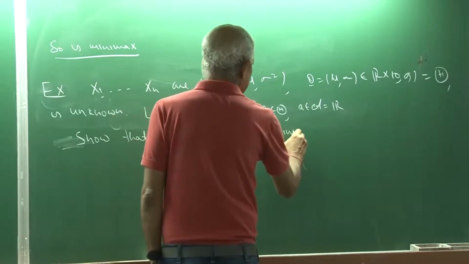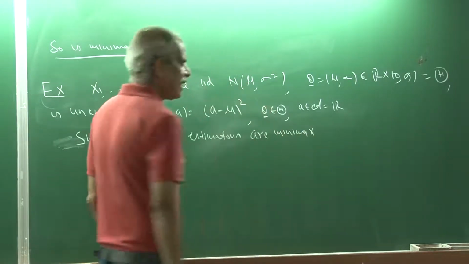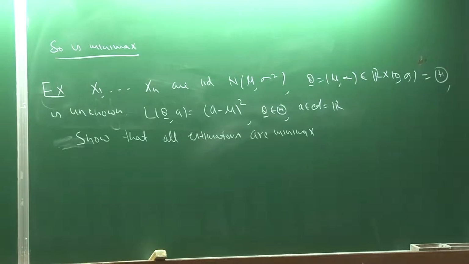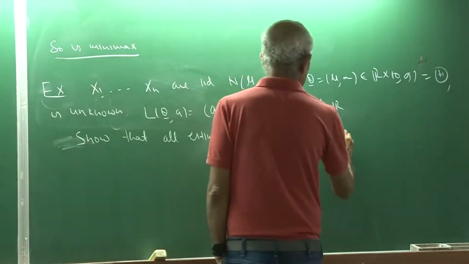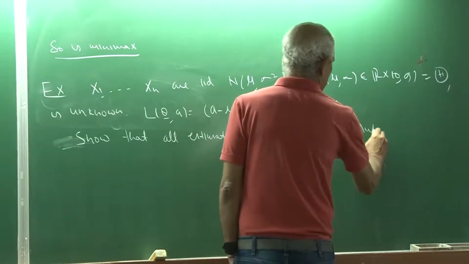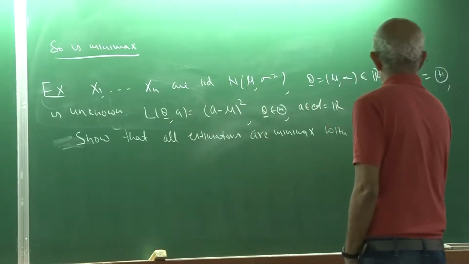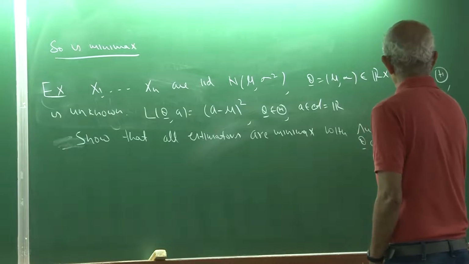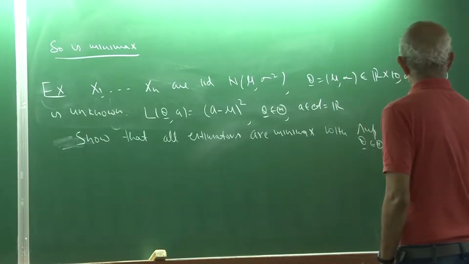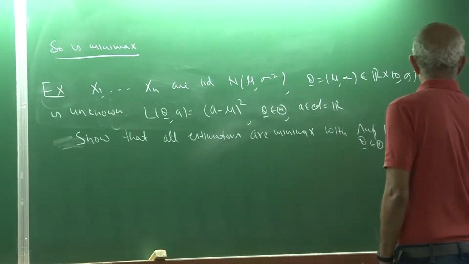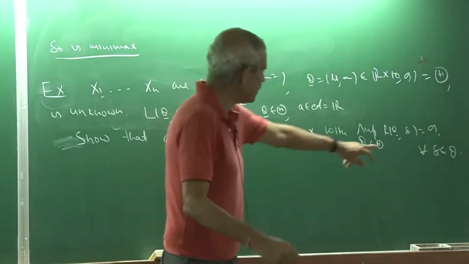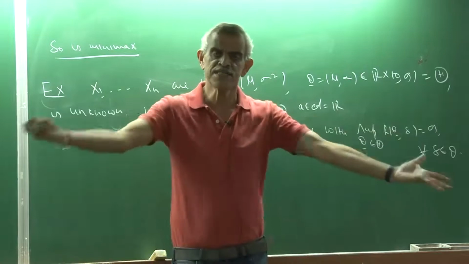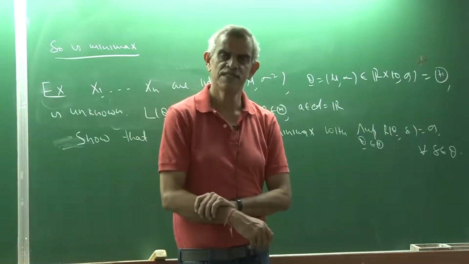You consider any estimator, it is minimax with supremum risk infinite, that is, supremum over theta belonging to Theta of R theta delta is infinite for every delta belonging to D. So it says that you consider any estimator delta, the maximum risk can be infinite.